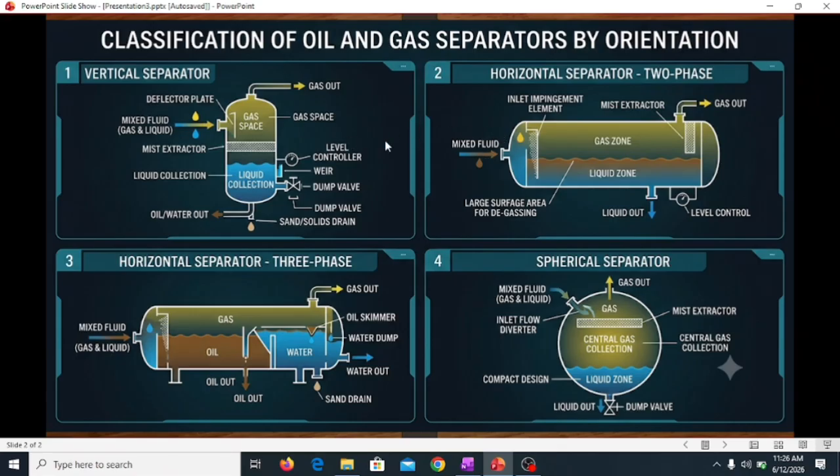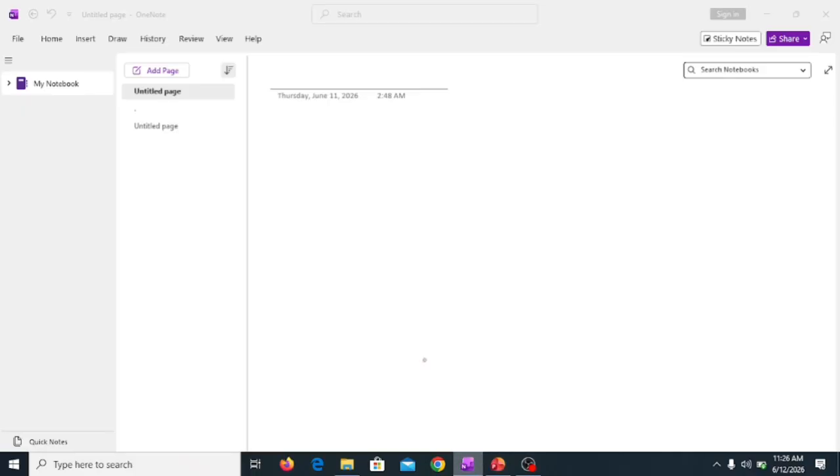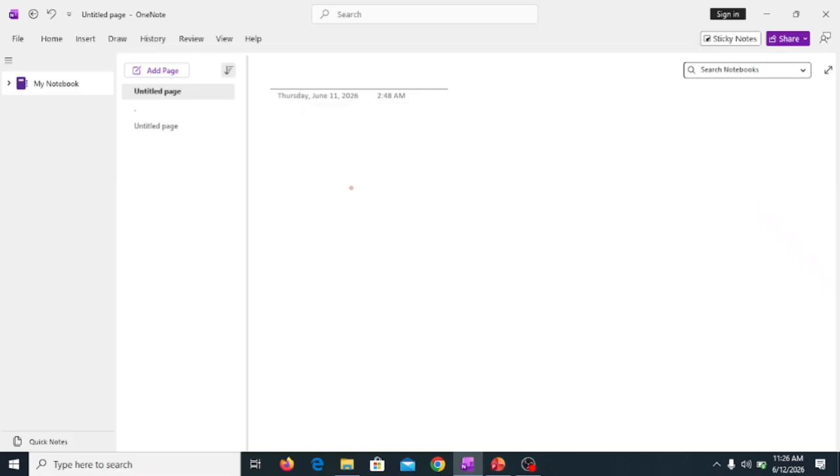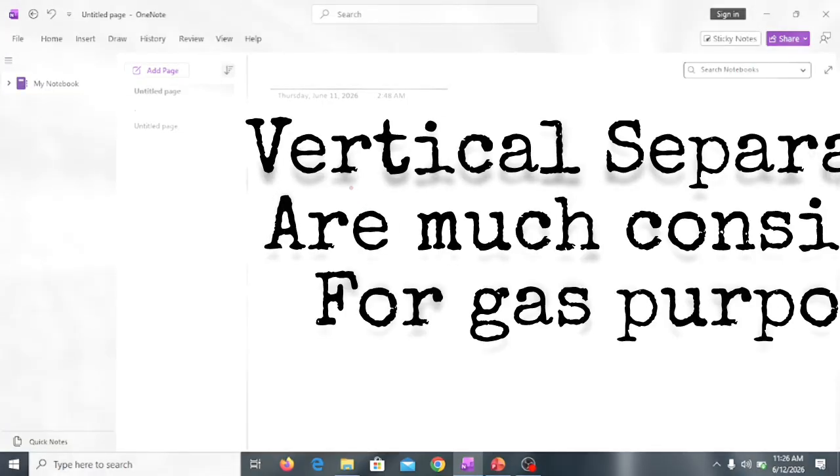First of all, let's come to the vertical separator. So when do we use a vertical separator? Vertical separators are mostly considered for gas purposes.